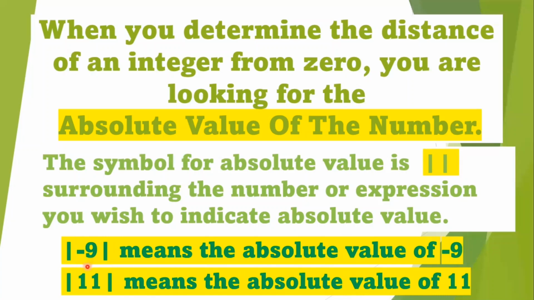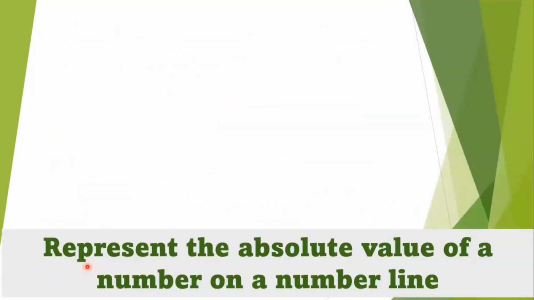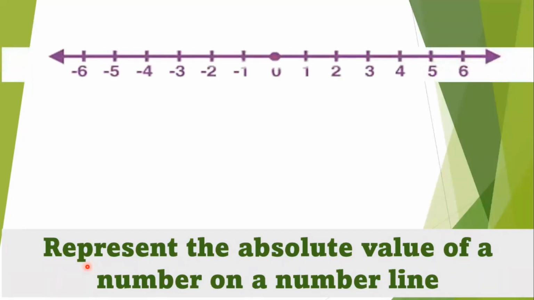Next, we have to now represent the absolute value of a number on a number line. Paano ba natin i-represent ang absolute value of a number on a number line? Kasi kanina, di ba, nagbibilang lang tayo. This time, we're going to represent how. Let's start with, of course, our number line. Then we have here the absolute value of negative 5. Paano natin siya i-represent?